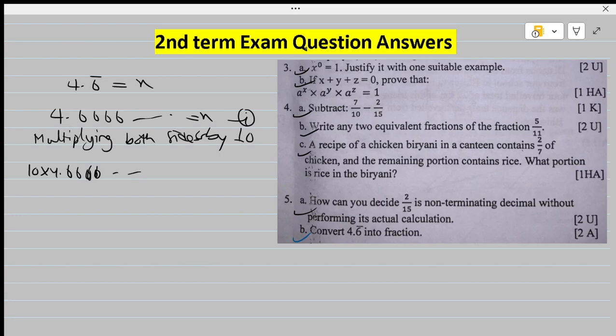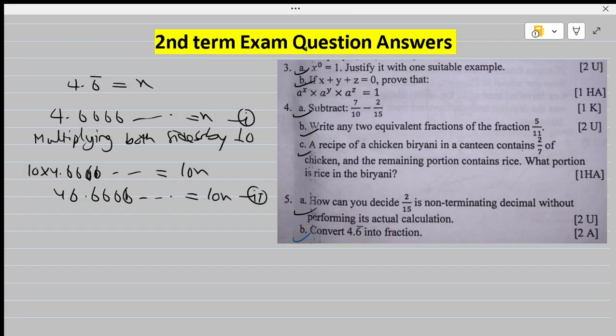So 10 into 4.666 continued equals 10x. Multiplying by 10, the decimal shifts by one digit from left to right, so we get 46.666 continued equals 10x, and this we call equation 2. Now we subtract the first equation from the second.